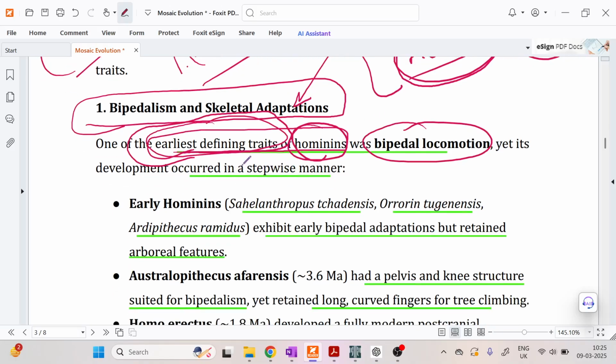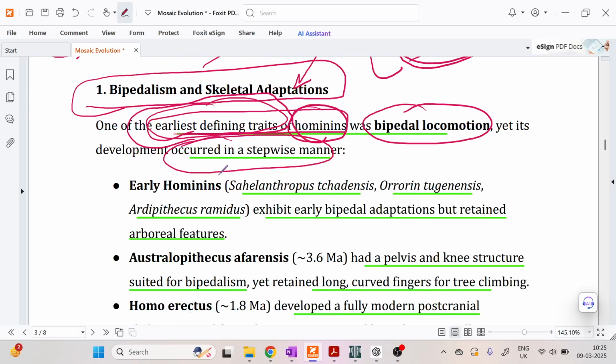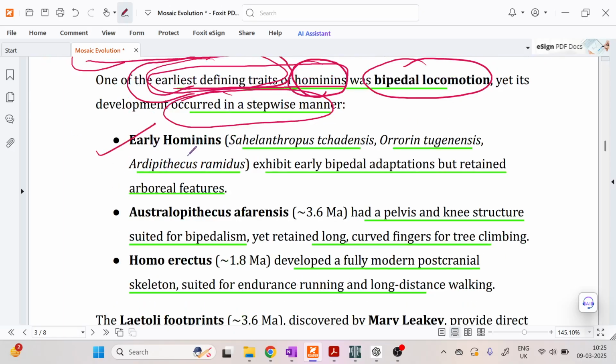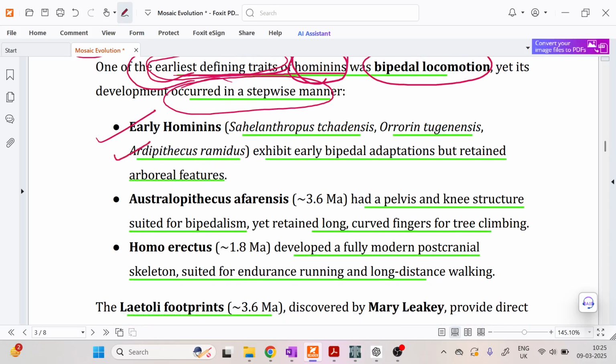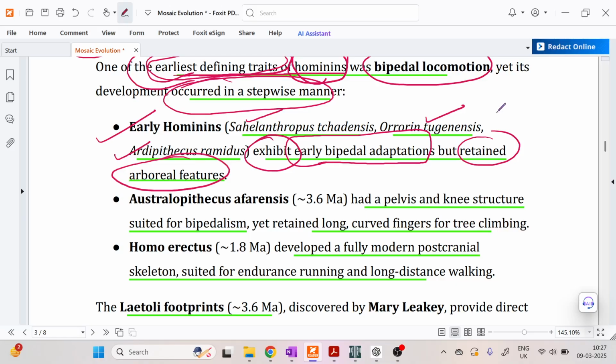So this bipedal locomotion occurred in a stepwise manner. So the early hominins such as Sahelanthropus tchadensis and Orrorin tugenensis, and the third example, Ardipithecus ramidus, all three of these species are subspecies of primate stock, yet all of them exhibited early bipedal adaptation, but yet they retained arboreal features.